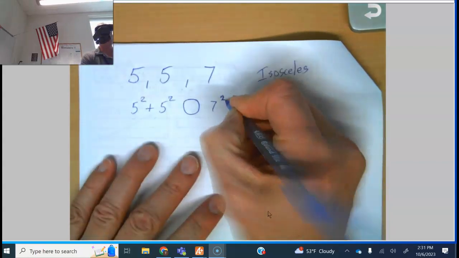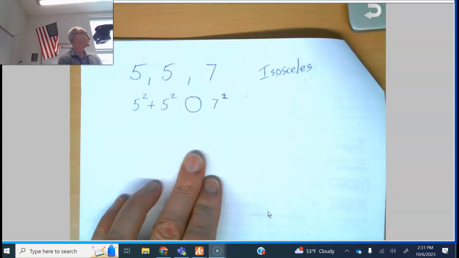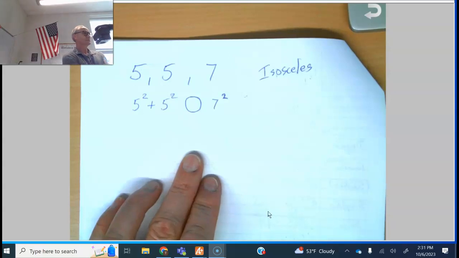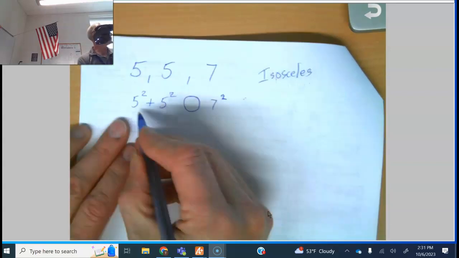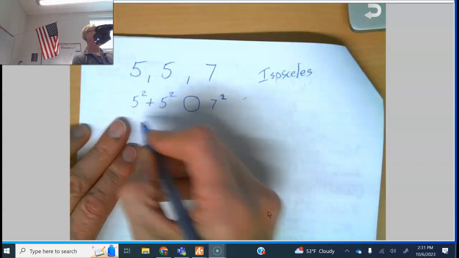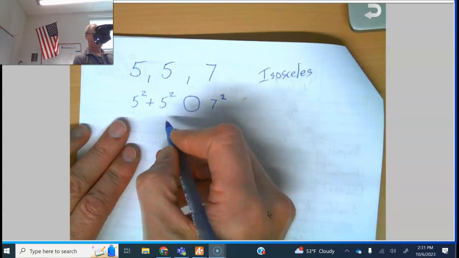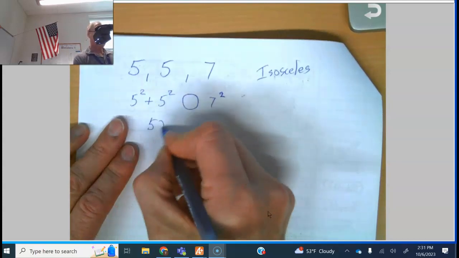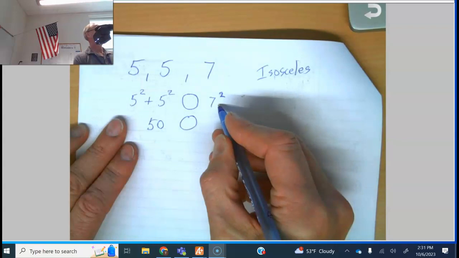I know it's kind of getting a little faded out. Okay, what's 5 squared? And 25. This side is 50. What's this side?